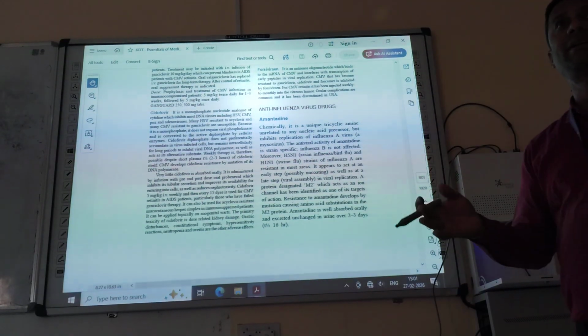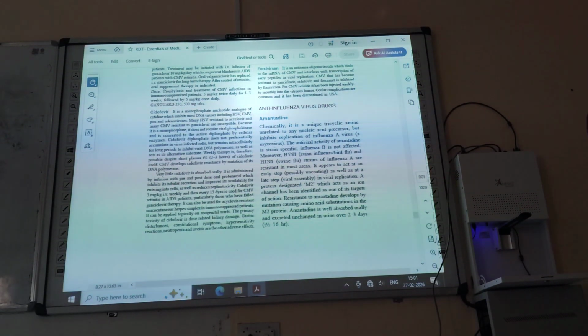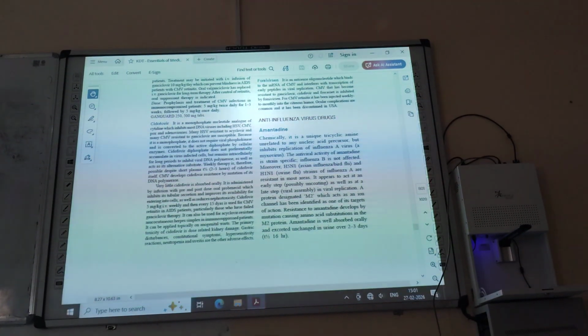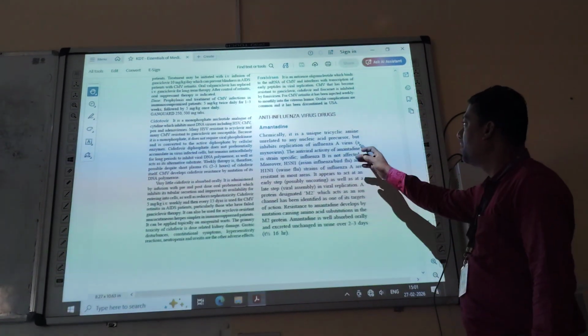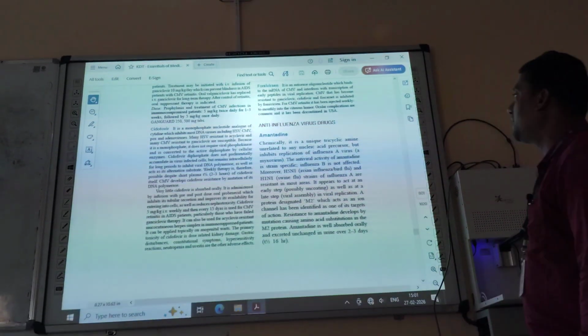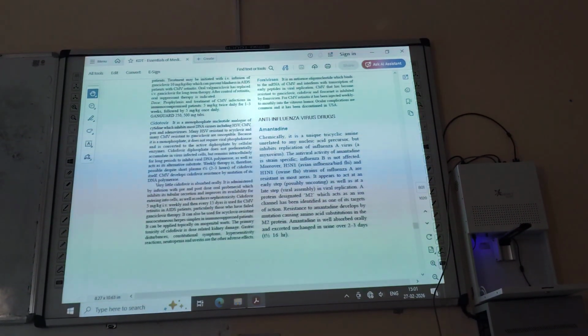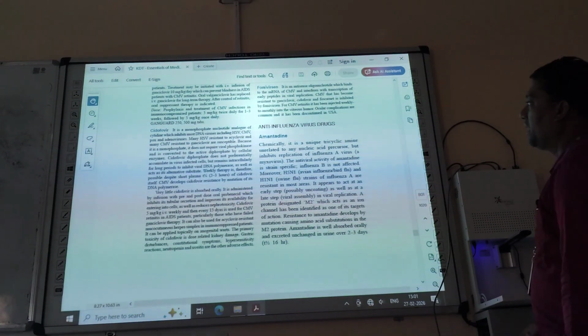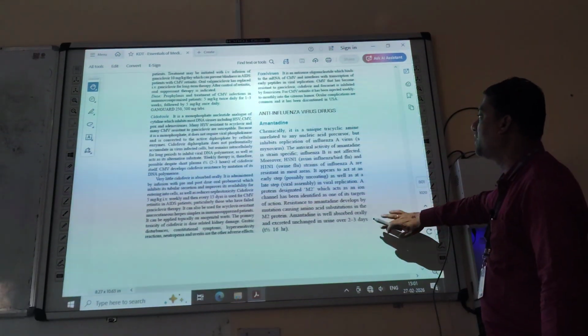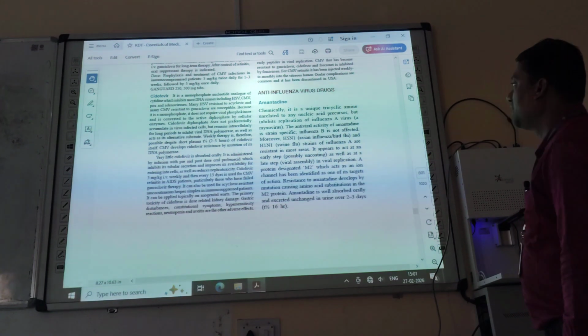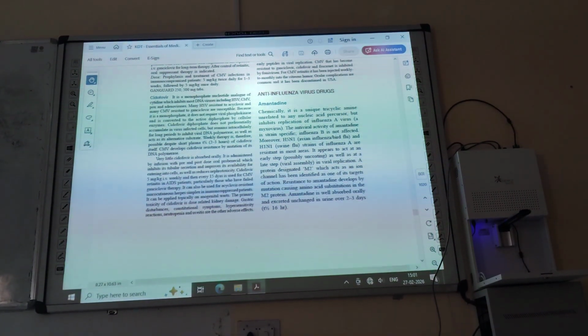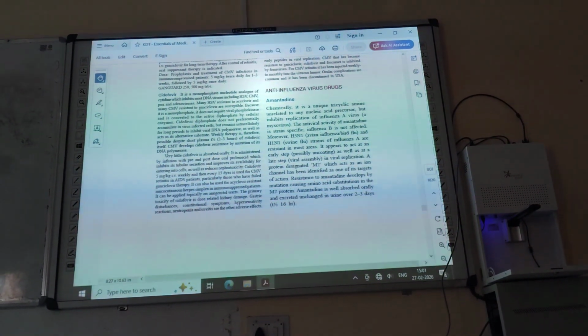It means one is converted into two, two increase into four. It will inhibit the replication. The antiviral activity of amantadine is strain specific. Influenza B is not affected.